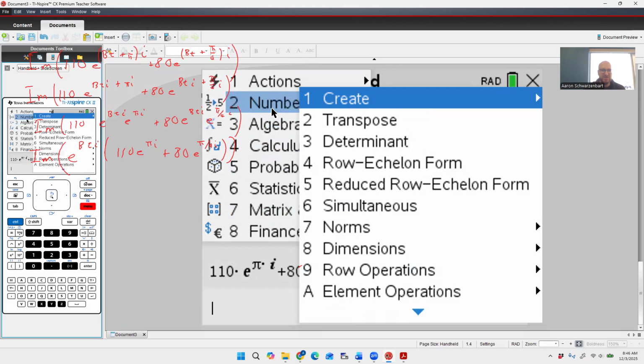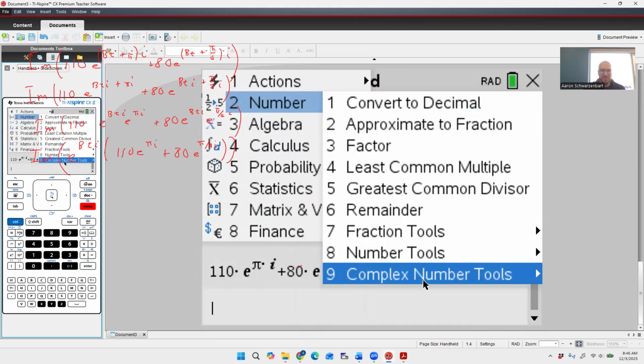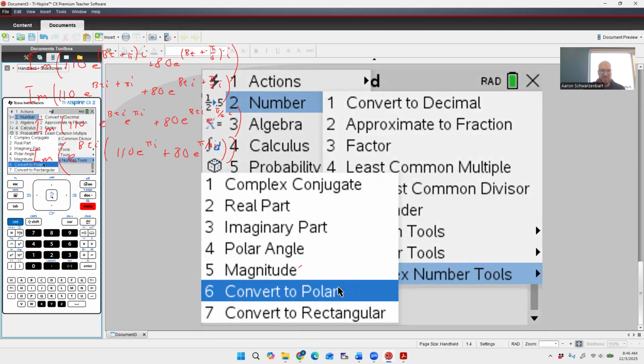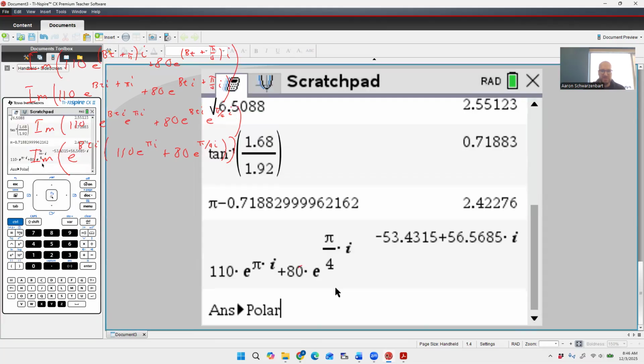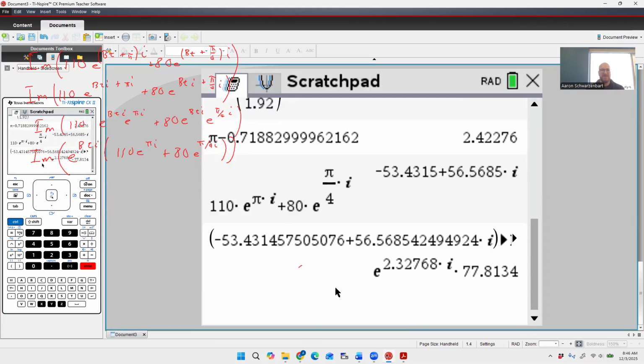So menu, number, complex number tools, convert to polar. I'm going to write this out, even though it's a little messy. And I did the one by hand, but you can use your calculator for all of these.